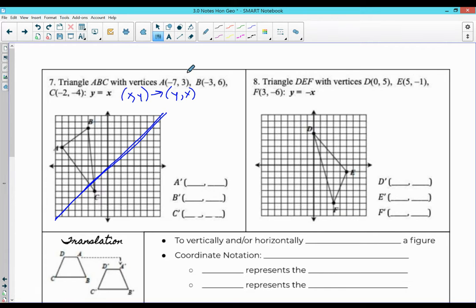All right, so here I think it's just easier to write those ordered pairs. So instead of (negative 7, 3), I'm going to have (3, negative 7), (6, negative 3), (negative 4, negative 2). And now I'll just plot those points.